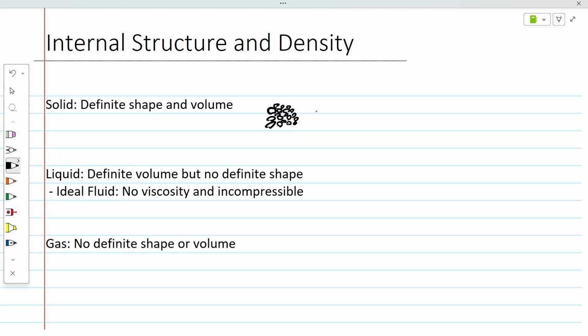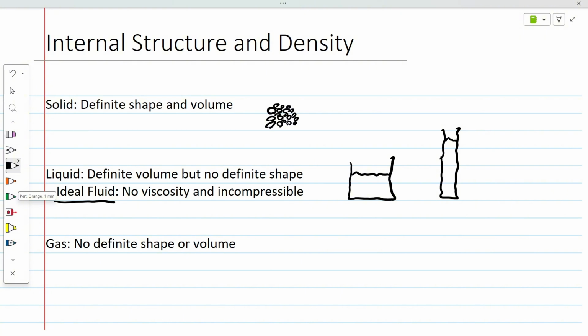Now a liquid does not have a definite shape, but it does have a definite volume. And so if you put a liquid in a cup, then the volume is going to be the same whether you put it in a cup like this or maybe a taller cup. It's going to have the same amount of volume, but the shape is different. And so when we talk about this ideal fluid, it basically means that it's made up of molecules. It's not viscous.